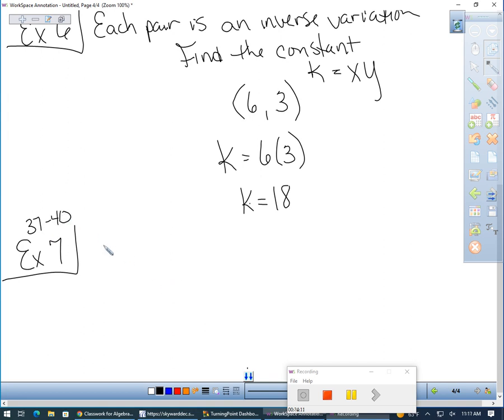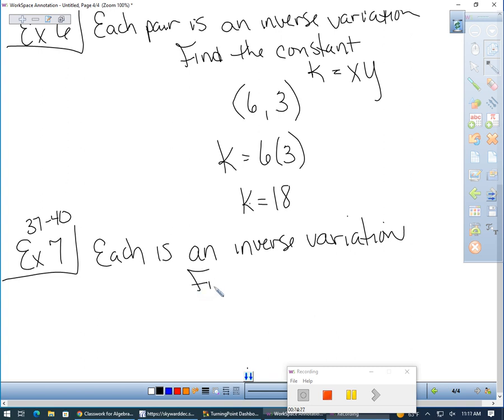It says each is an inverse variation. Find the missing value.